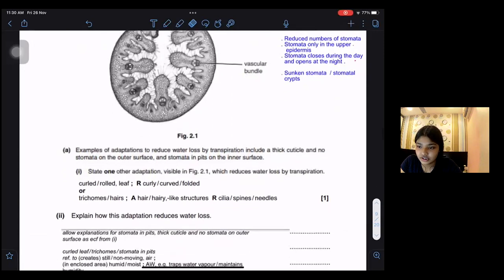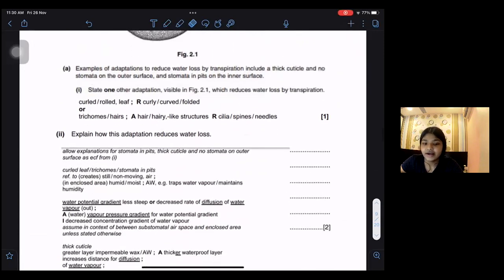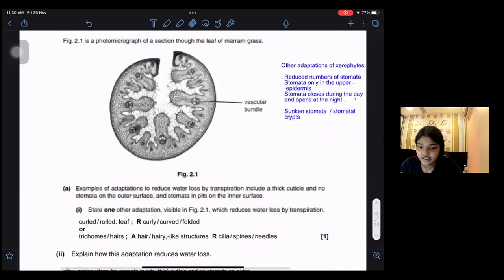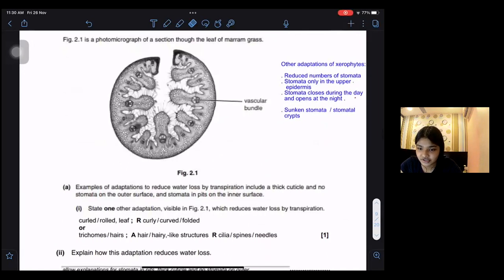Next question. The next question asks to explain how the adaptations reduce water loss. The adaptations we gave in the first question are the curled leaf and the trichomes, which are the hair-like structures.